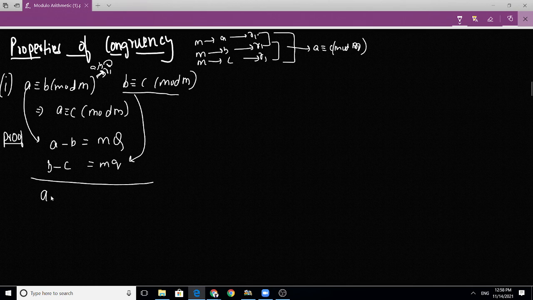I get A minus C equals M into (Q plus small q). I'm just going to write it as some k. So with this I can write A congruent to C mod M. So this is a proper proof, and I hope you have understood this. Let's go to the second property.